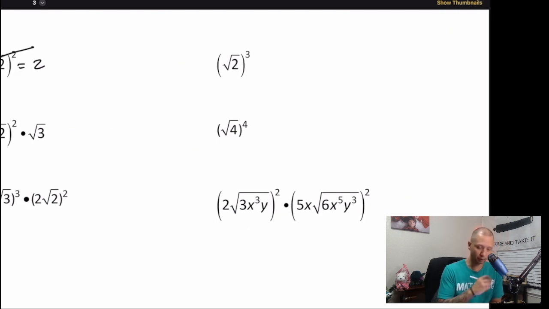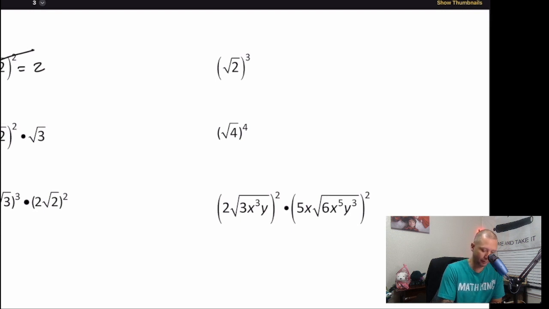So root 2 cubed. So a couple ways of thinking about this. This means root 2 times root 2 times root 2, right? 3 times. So root 2 times root 2, this is just 2, times root 2, nothing can be done. So 2 root 2, that's the answer.